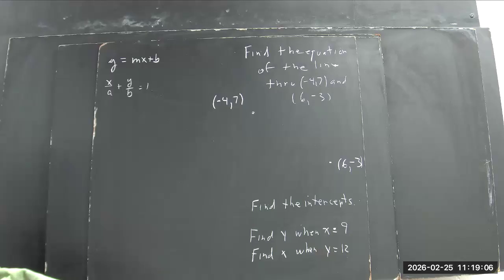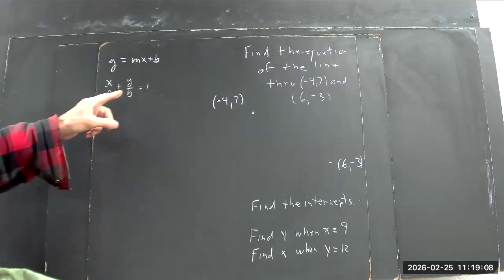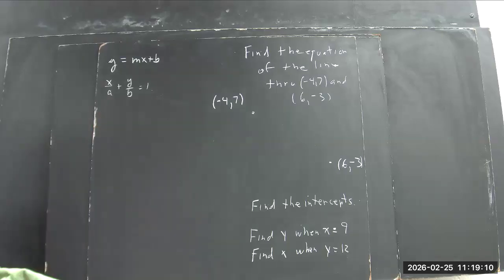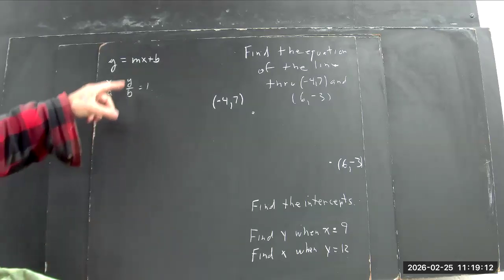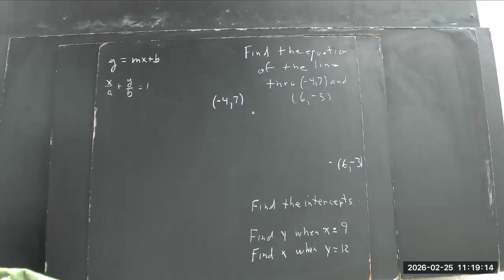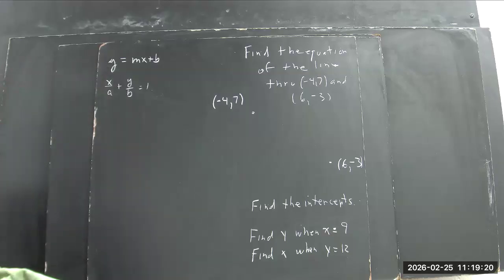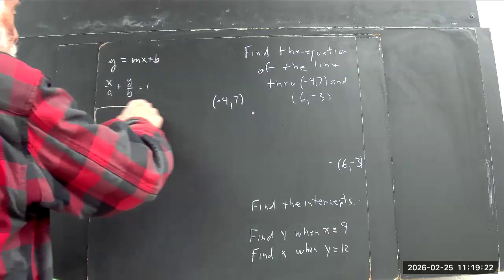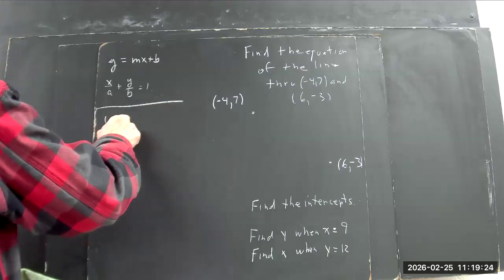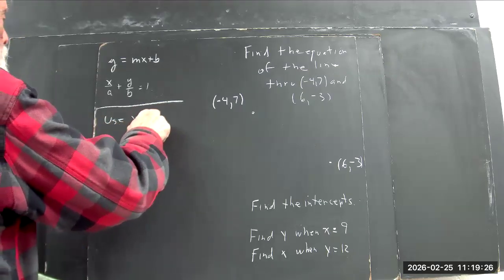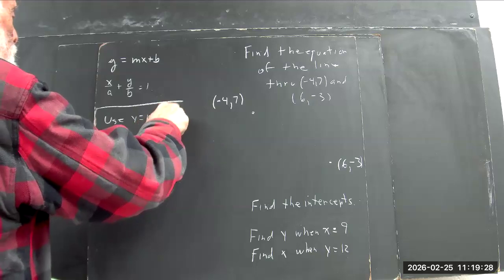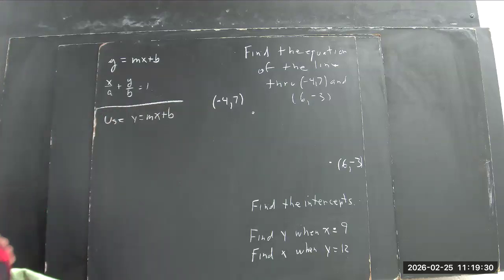If you know the x and y intercepts, you just put the x-intercept there and the y-intercept here. But this is algebraically a little more complicated. You've got other equations, but we're just going to use y equals mx plus b.